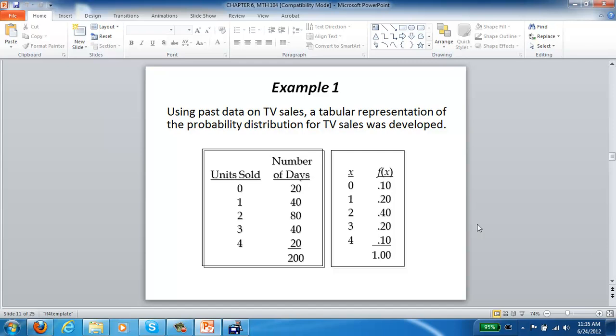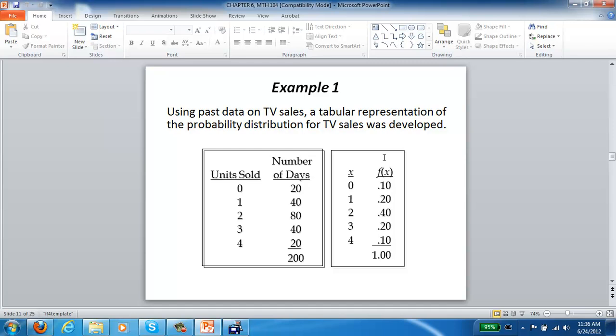Example number 1, the units sold, this is your x. In this case we don't have the probability, but we have the frequency, number of days. So we have to figure out the relative frequency or probability. So the relative frequency is 20 over 200, 0.1, 40 over 200, 0.2, and so on. So this is your x, this is your f of x.